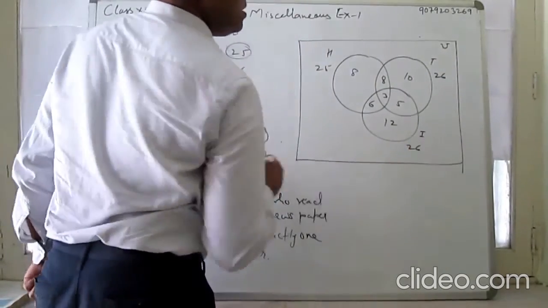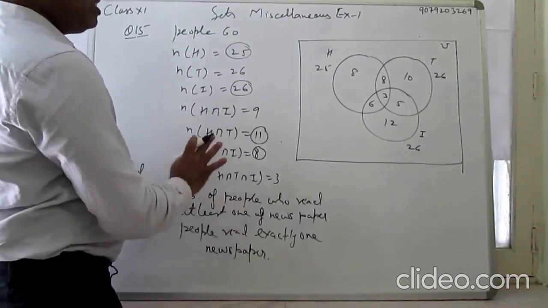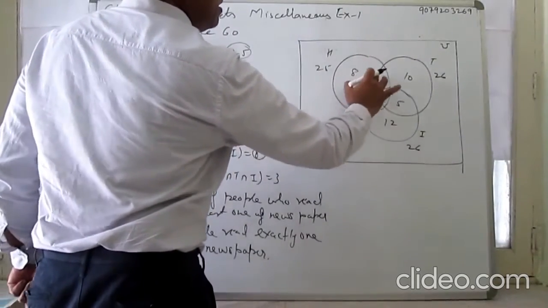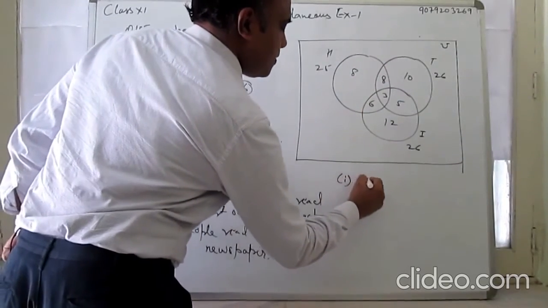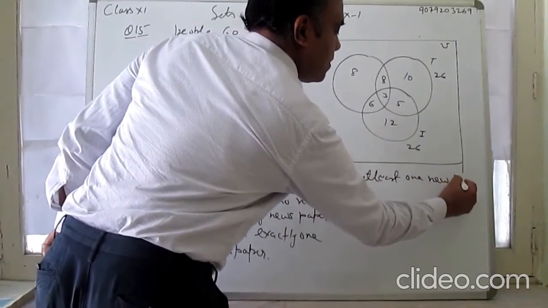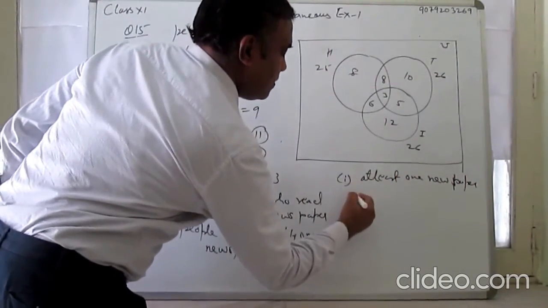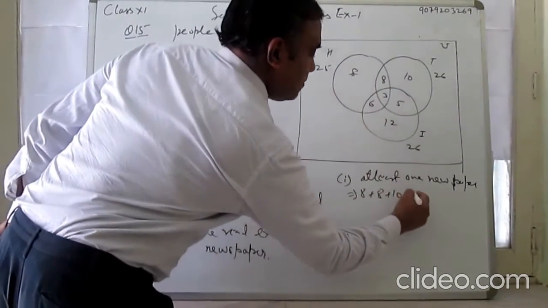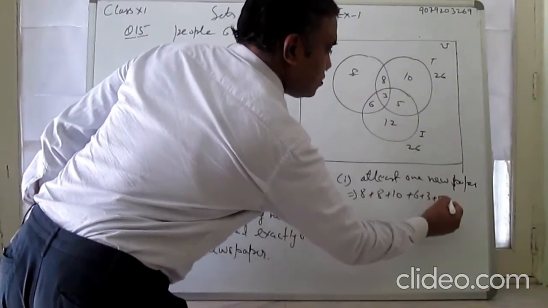Now see here, the number of people who read at least one newspaper. At least one newspaper means you have to add all these. ये H वाला T भी पढ़ रहा है, कम से कम एक पढ़ना है. So at least one newspaper. Add from here: 8 plus 8 plus 10, 6 plus 3 plus 5, plus 12.